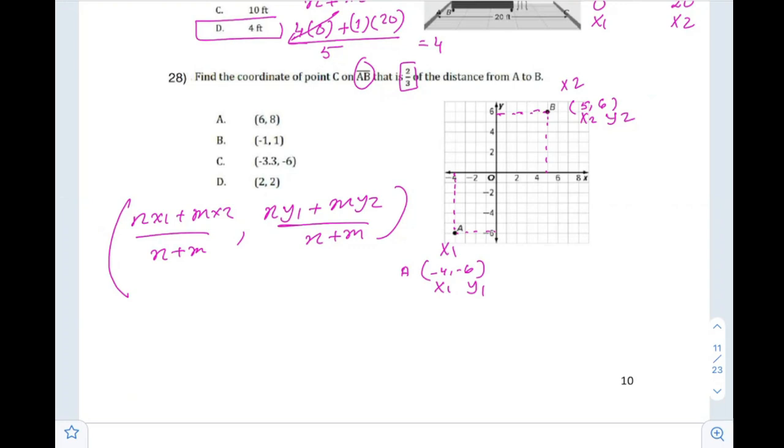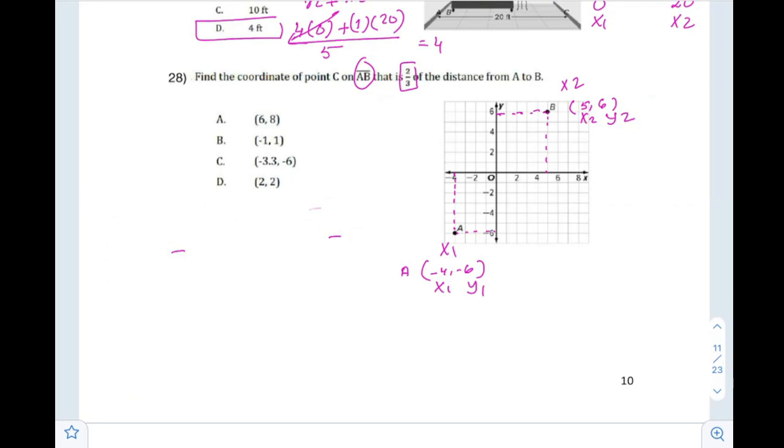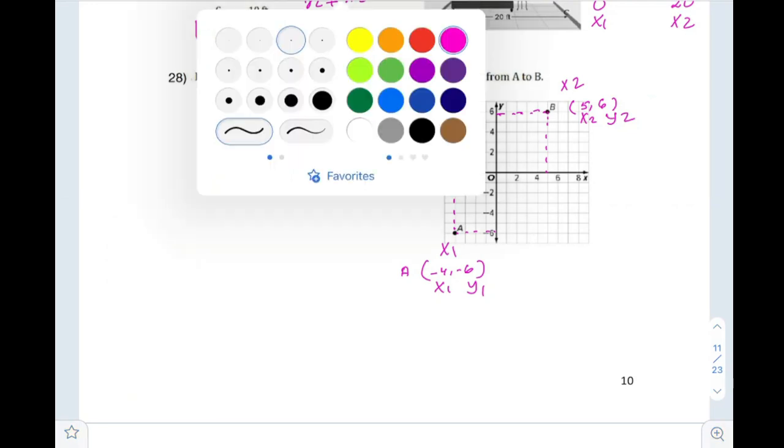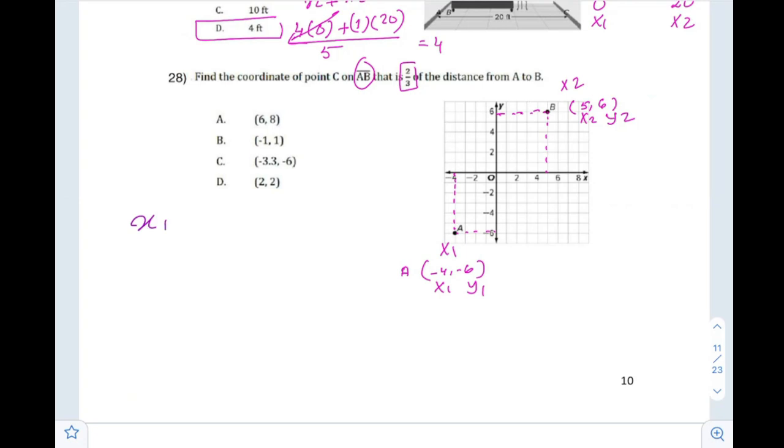Oh, no, this is our fractional distance. I'm sorry, this is fractional distance, not ratio. So we will apply the other formula, which is x1 plus a over b, it's a fraction. I thought it's 2 to 3, and y1 plus a over b, y2 minus y1, and let's start.